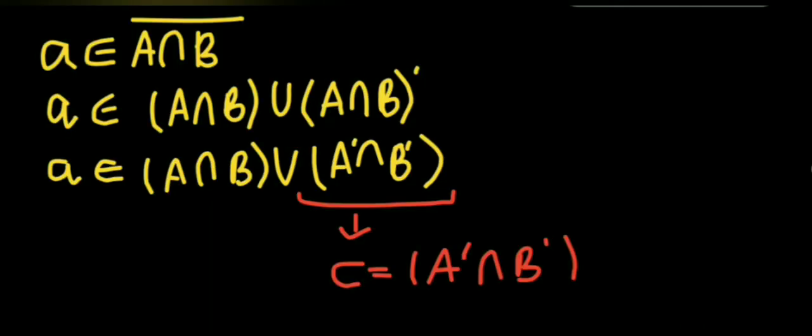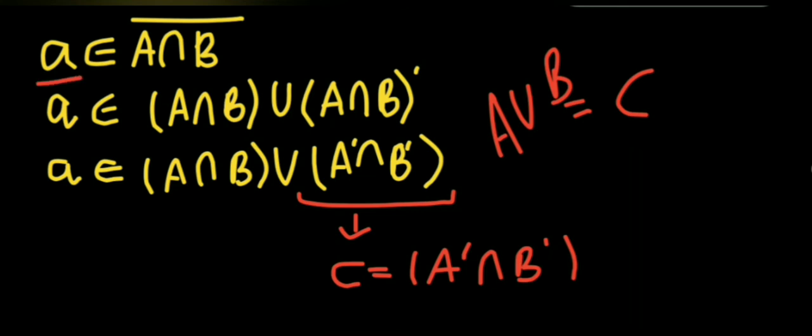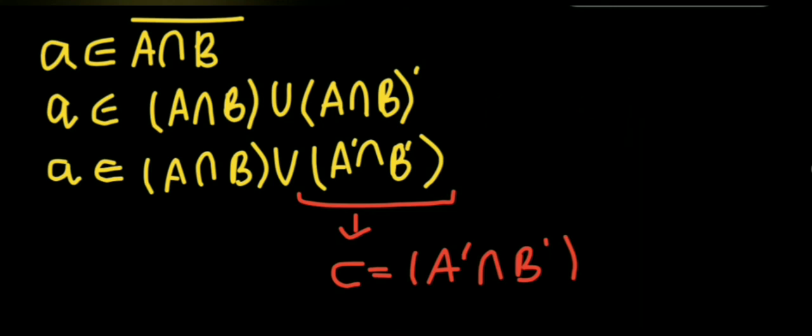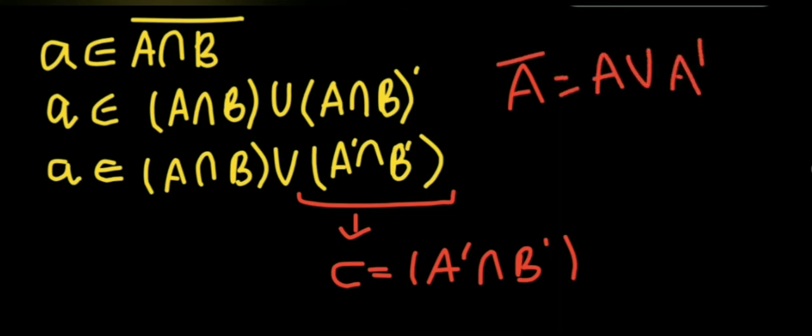So let us start. If small a belongs to closure of A intersection B, that is, if we say C is equal to A intersection B, then small a is a member of closure of C. Now, by the result we have recently seen, closure of A is equal to A union A prime.